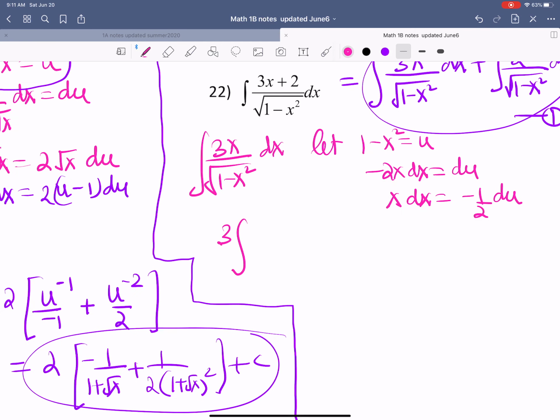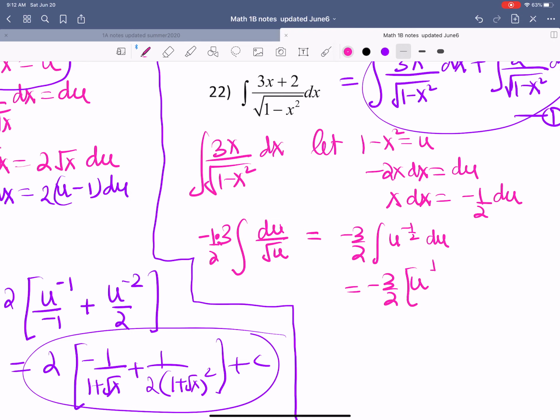Back to the integral here, I can pull the 3 out. x dx is negative 1/2 du over square root of u. And that's going to be negative 3/2 integral of u to the power negative 1/2 du, which is negative 3/2 u to the power negative 1/2 plus 1 is positive 1/2.